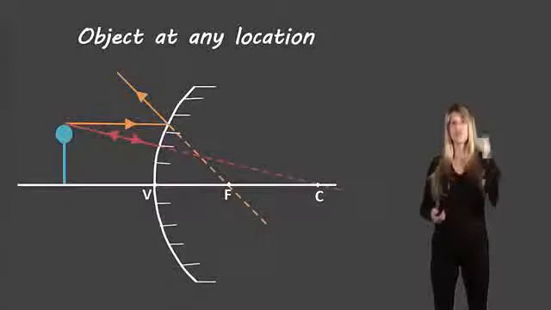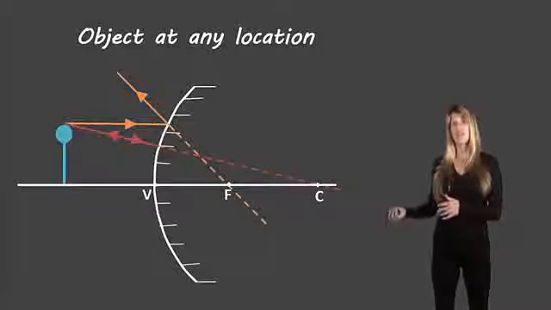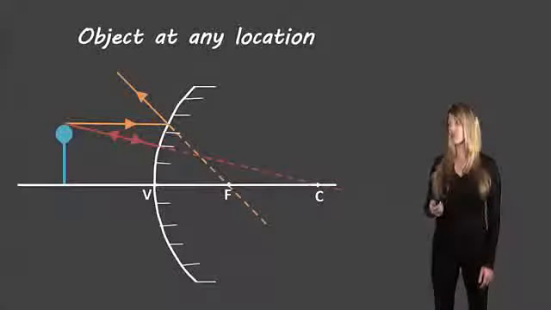With our other rules, there's just one arrowhead for each line, but here we need to draw the arrowhead to show it's going both ways along the same line. And again, the light is not actually coming through to C because the light cannot travel through the mirror. So we draw our dashed lines to indicate that the light is not traveling through the mirror, but that it looks as if it came from the center of curvature.